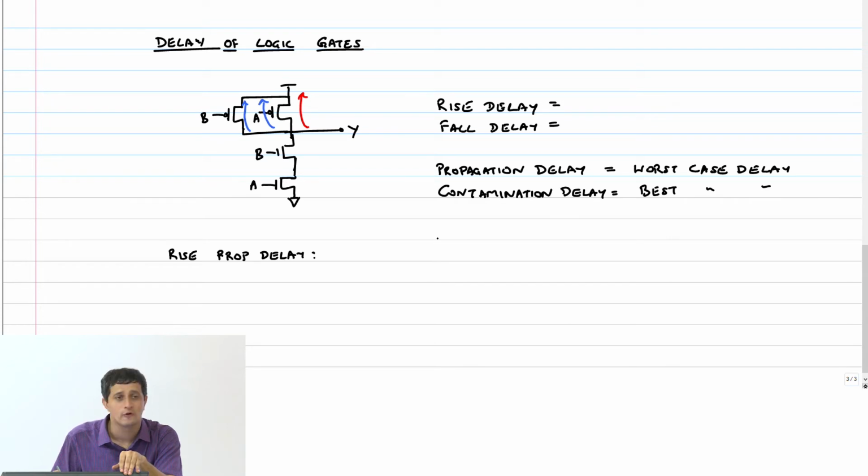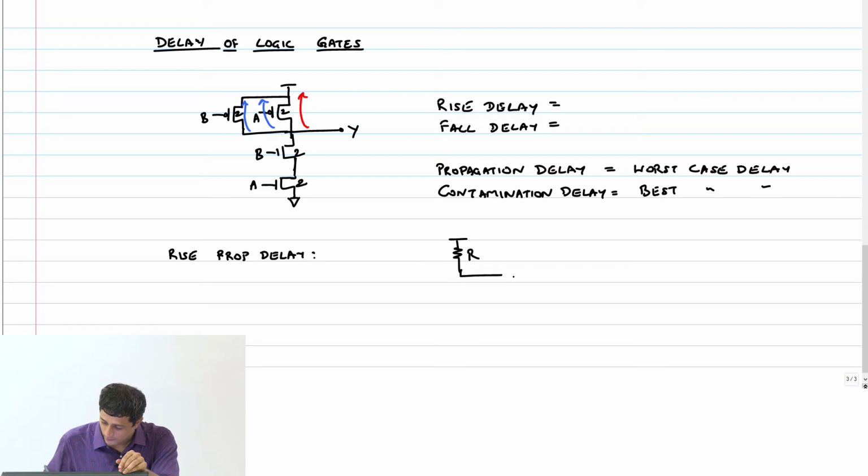So what's the equivalent RC circuit first for this? Rise propagation delay. There is just one resistance R, right? Our size of course is 2, 2, 2 and 2, right?